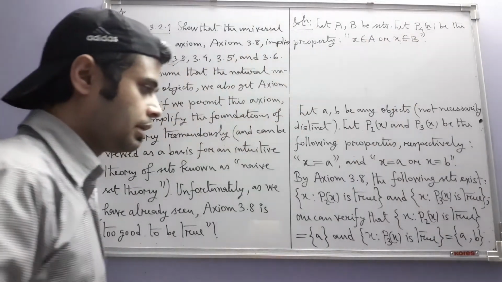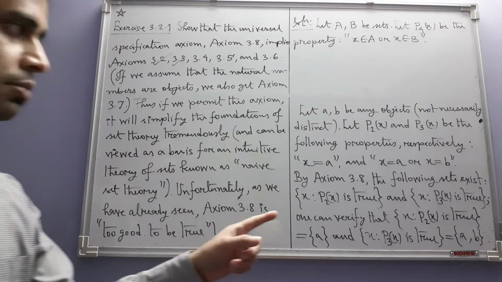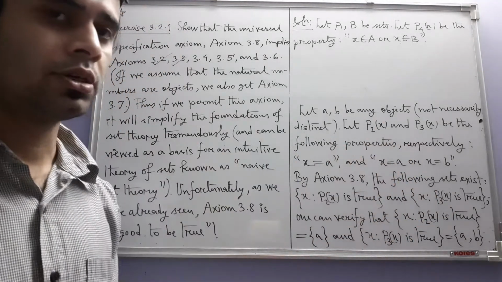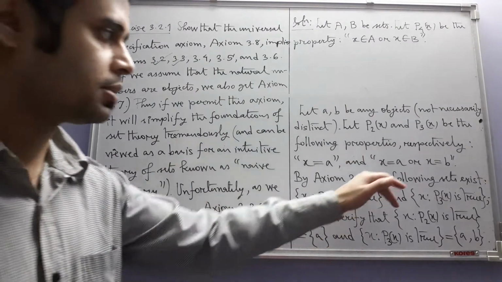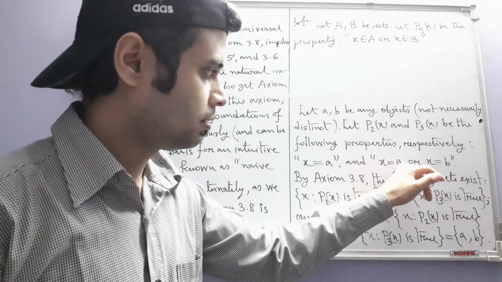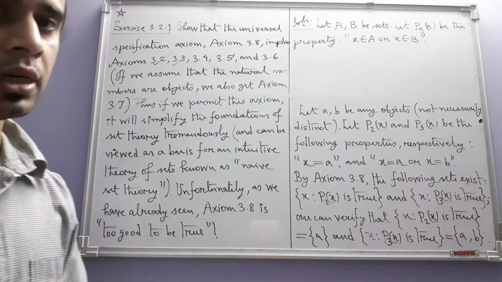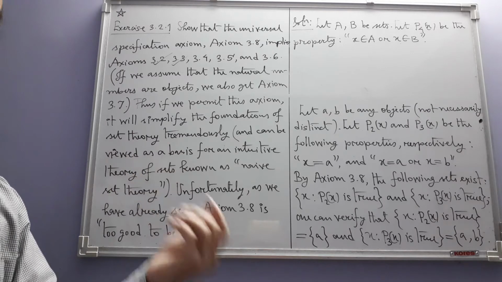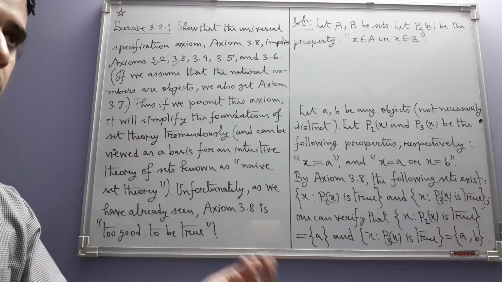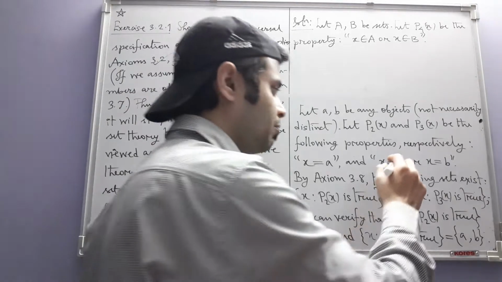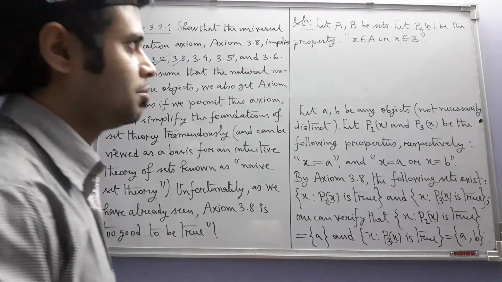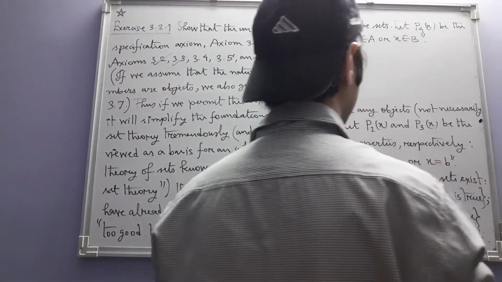Keep in mind, I am again saying that whenever we write OR in mathematics without saying anything else, that OR is inclusive OR. That means a statement or another statement means either one of them is true or both are true. If we want to mean exclusive OR, where both cannot be true, we have to mention that separately, that is, but not both. Here OR is inclusive OR.